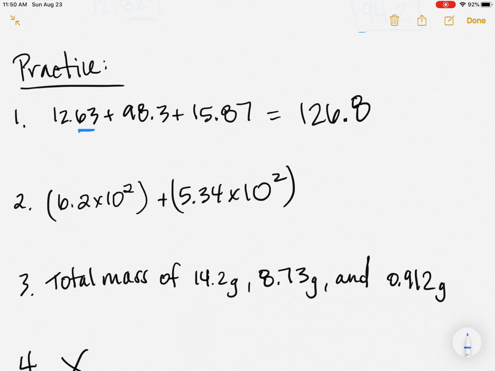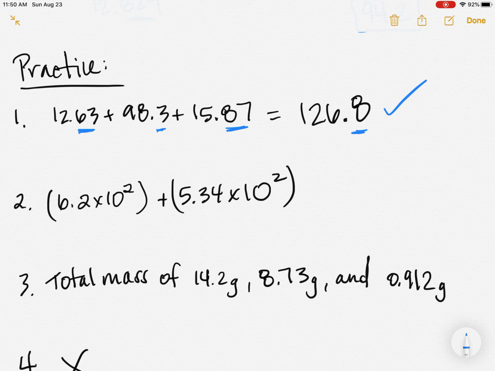So I have 2 decimal places, I have 1 decimal place, and I have 2 decimal places, so my answer can only have 1. And in fact, it already does. Okay, so sometimes you get lucky and you don't have to do any rounding, or you don't have to drop any decimal places or sig figs off, because in this case, what the calculator told us was correct in terms of the number of decimal places.